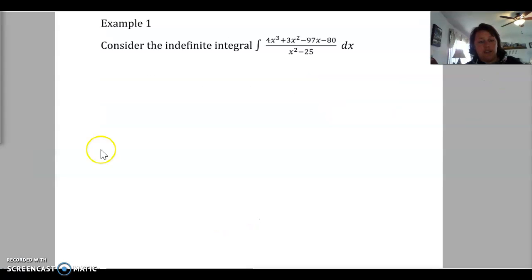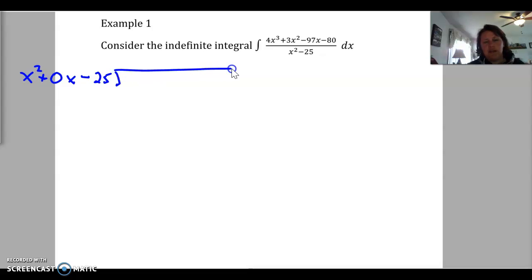Okay, we are going to start off with long division. So we have x squared, and I'm going to put in a placeholder here. Remember, when we did long division, we need every term. Let's put a plus 0x, minus 25, and inside is going to be 4x cubed plus 3x squared minus 97x minus 80.